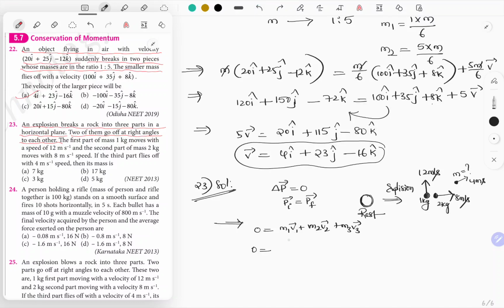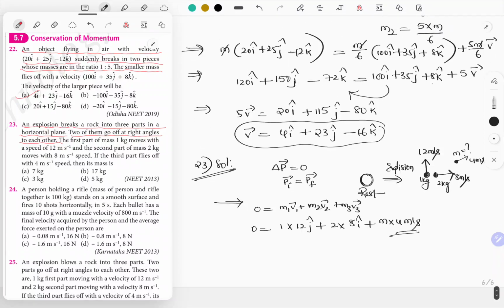Try to understand. Mass of the particle is 1 kg, 1 into velocity 12 j cap, plus mass m2, which is 2 kg. Velocity is 8 meter per second in i cap direction, plus m3. We don't know that, it is m, and velocity is going to be 4 meter per second.